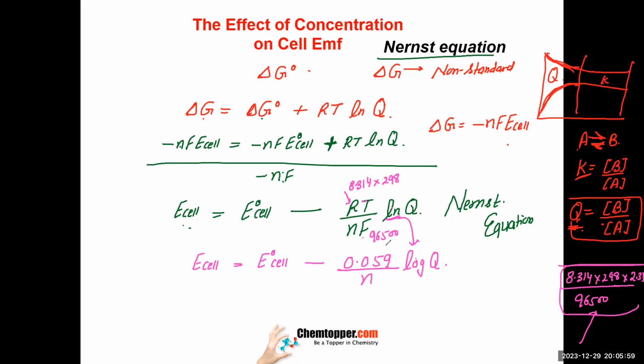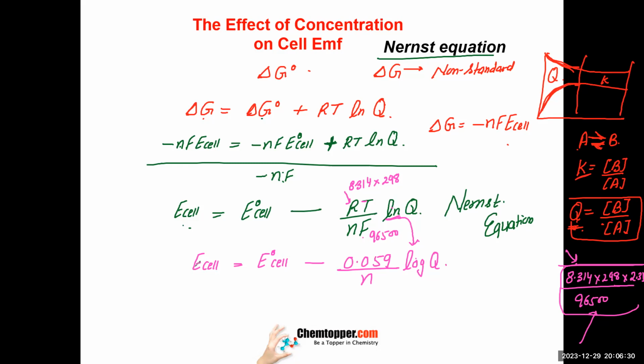So that's how they derived this number 0.059. Who is doing this calculation? Yeah, I'm getting 0.059. So if you do this calculation, use your calculator, make habit of using your calculator. You'll get this number. So this is your Nernst equation.